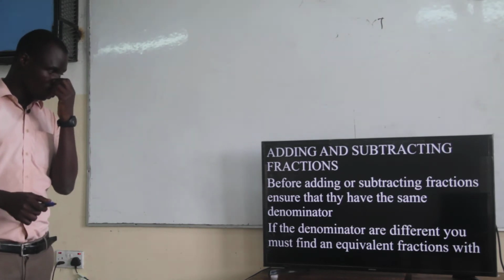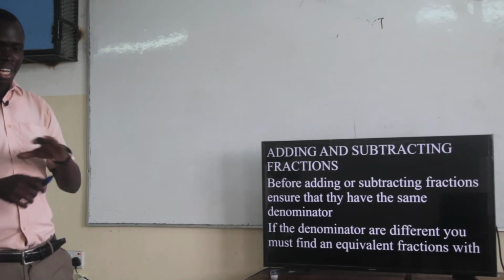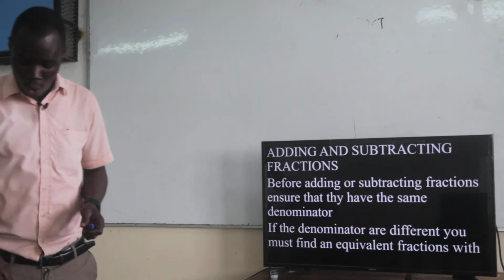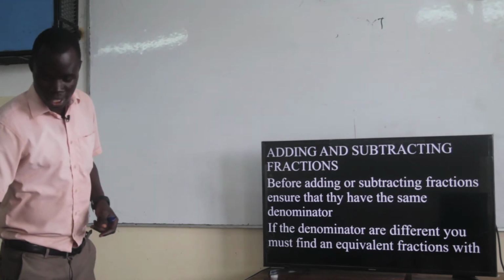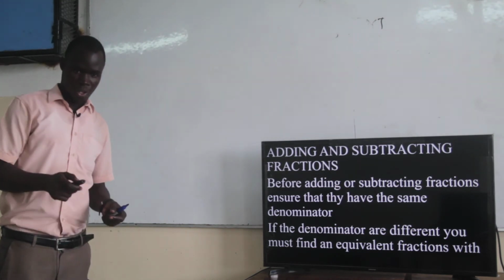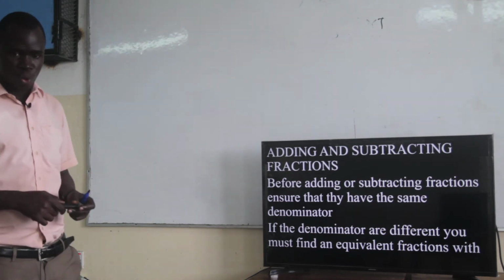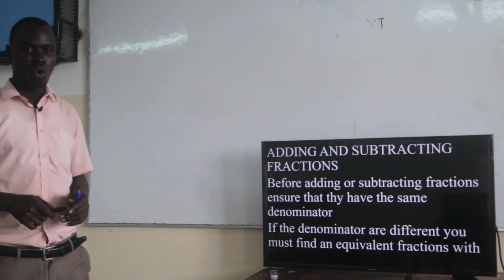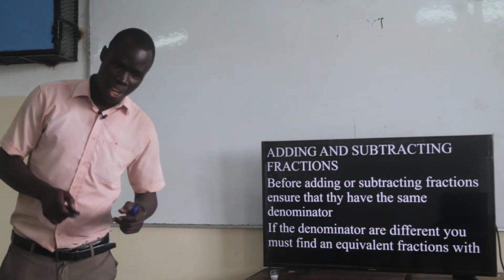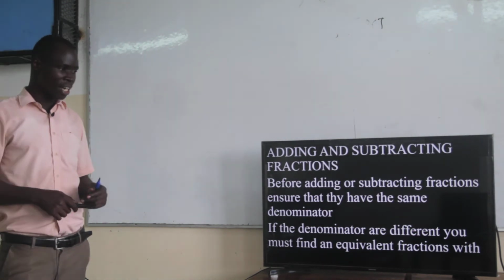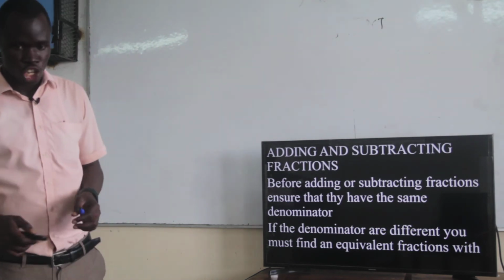If you find that the denominators are not equal, then you have to make them equivalent. And this is done by looking for a common denominator. And after looking for the common denominator, then you can subtract the first one from the second, or you can add the two and find your answer.